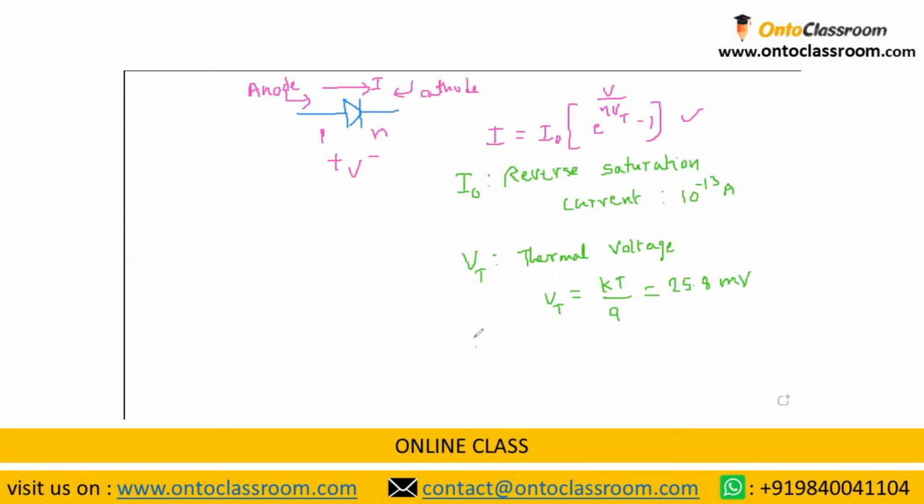And finally, beta is a constant. It is 1 for a silicon diode, and the value of beta is 2 for a germanium diode.